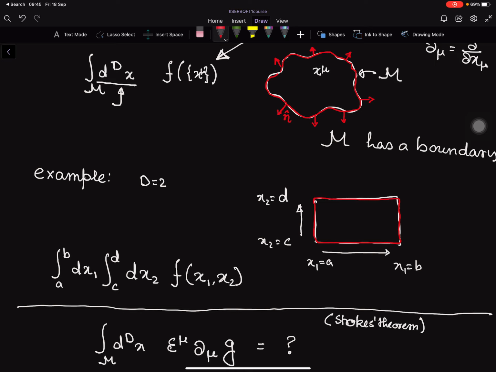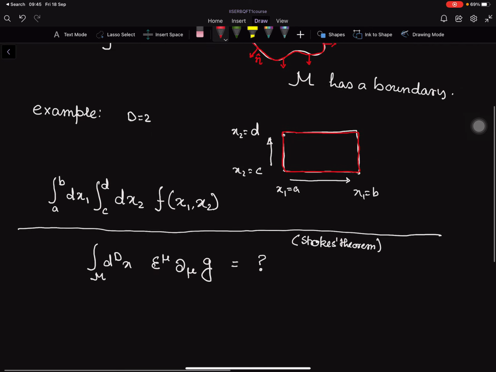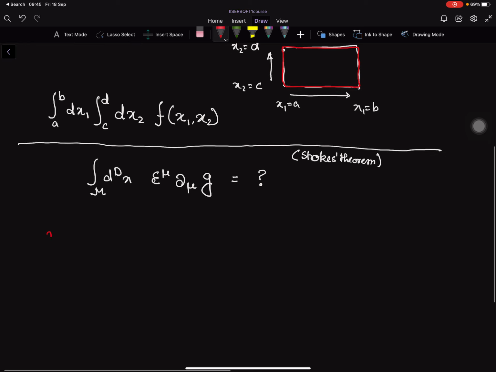So in our definition, n as a function of x is the outward normal to the boundary of M.